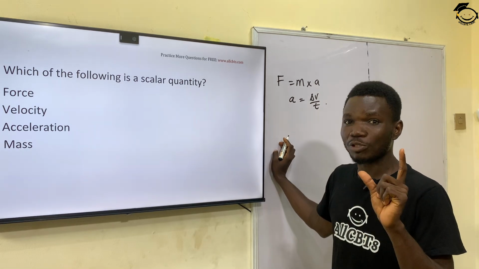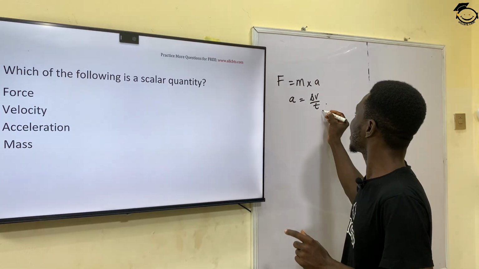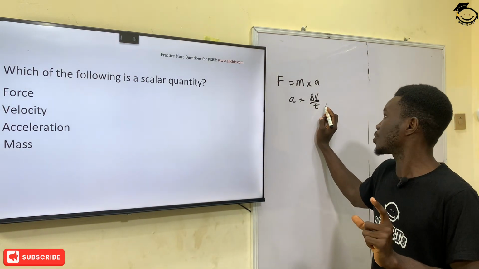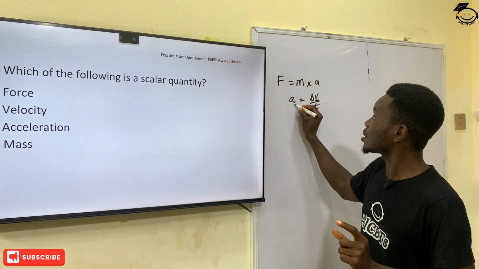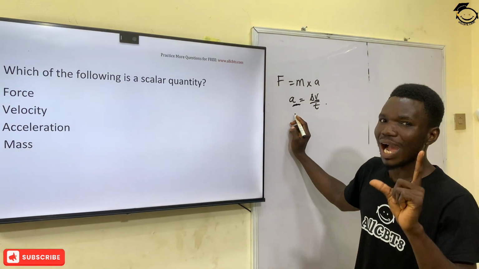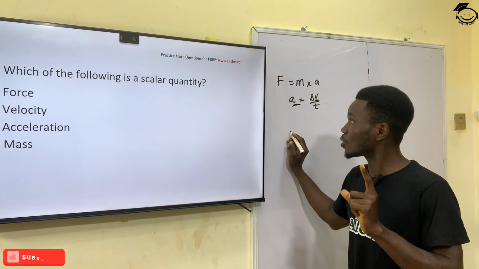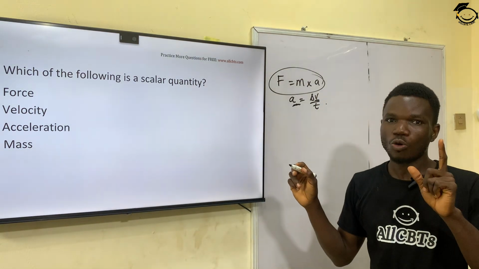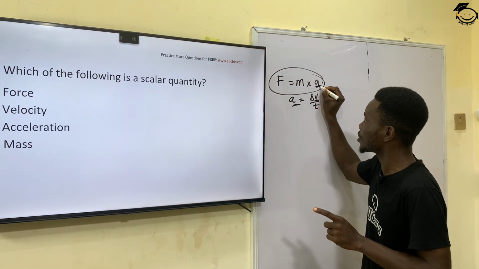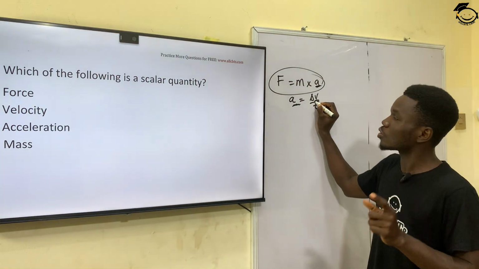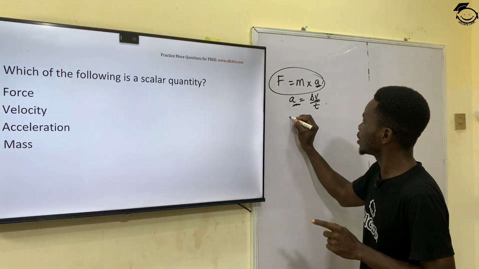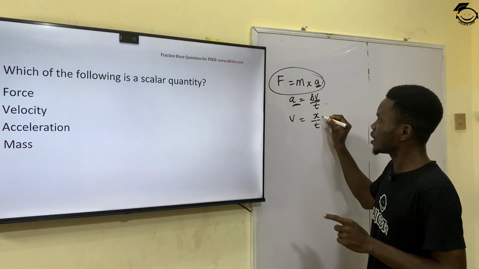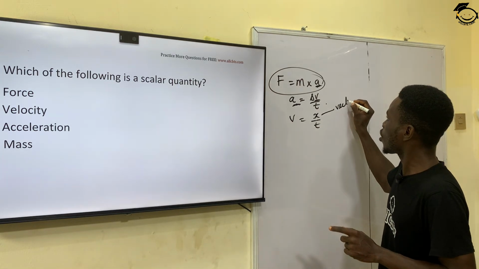Because displacement has both magnitude and direction, automatically it means that velocity also has both magnitude and direction. Which also implies that acceleration has both magnitude and direction. Which automatically makes force a vector quantity, because it contains acceleration, and acceleration in turn contains velocity. Velocity in turn contains displacement, and displacement is a vector quantity.